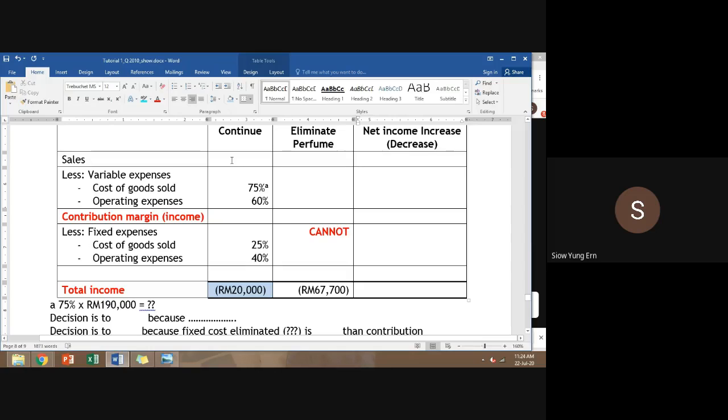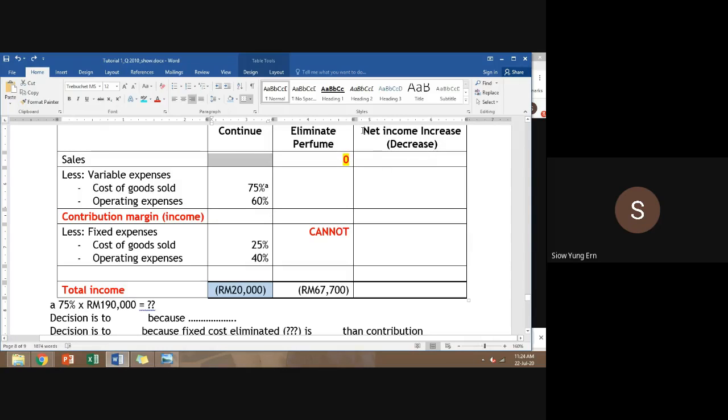Okay, here is 258,000, right? And then it becomes 0. So sales decrease, from 258,000 decrease to 0.